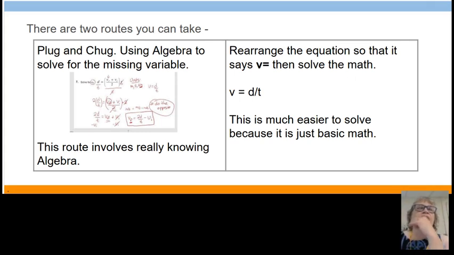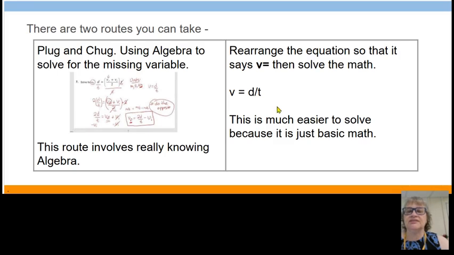If you are not as good at algebra, or you are the type of person that needs to have the variable you're looking for on the left-hand side of the equal sign, then you're going to want to rearrange the equation so that it says v equals, and then solve the math.